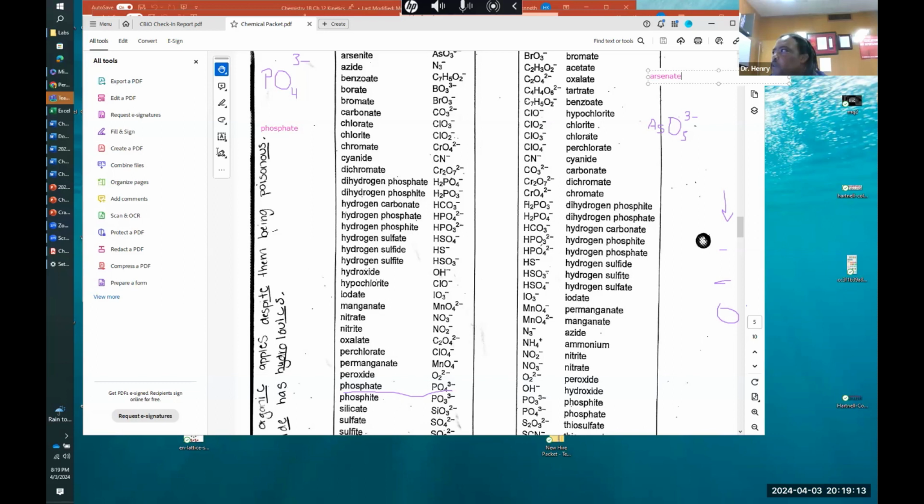So our chemical formula for arsenate is going to be AsO4 3 minus. Okay, so that will be the chemical formula for arsenate. So things that are in the same group are going to behave similarly, right? That means that when they form these polyatomic ions, they're going to form very similar to what you see. So this guy is called, as I said, arsenate.